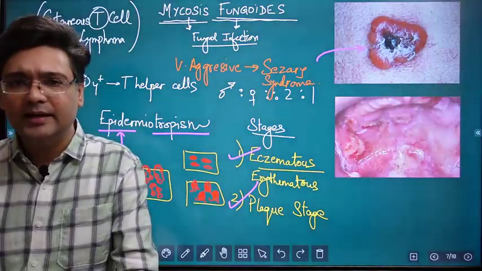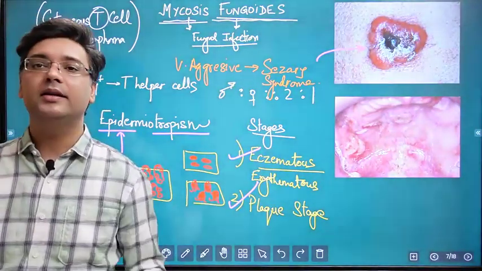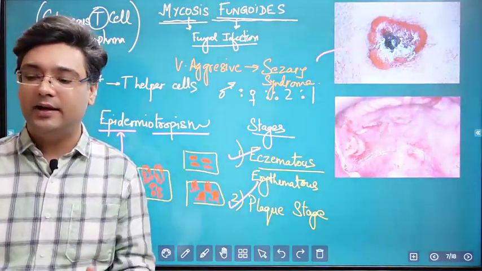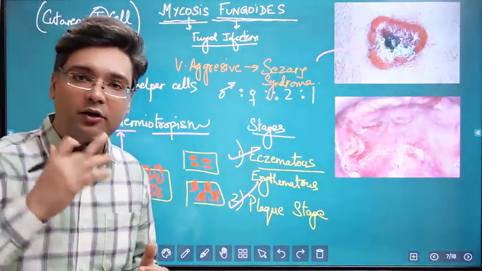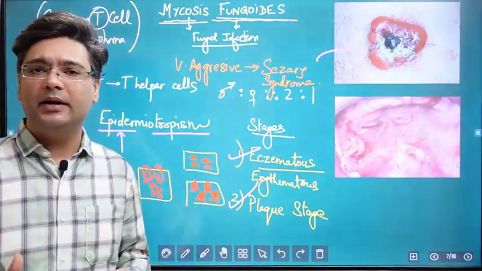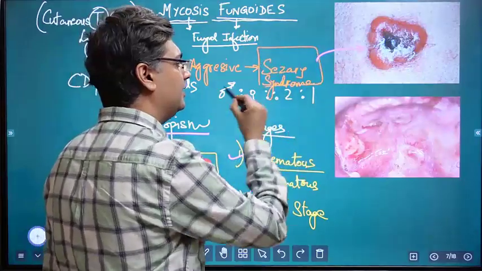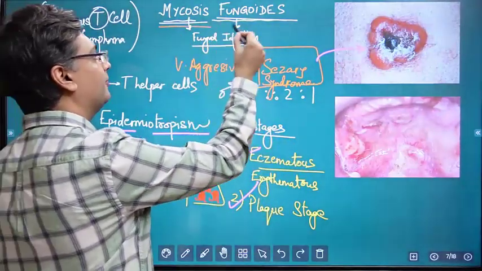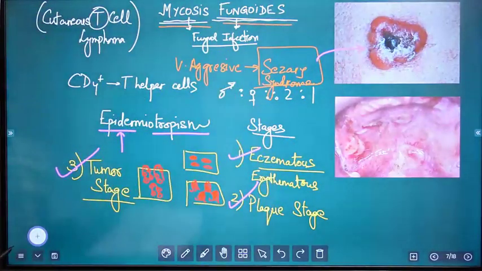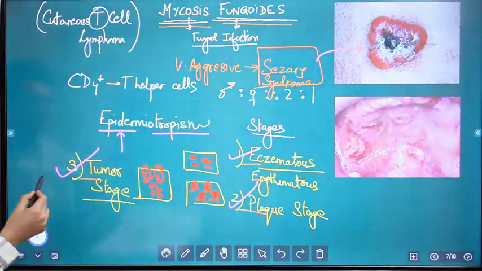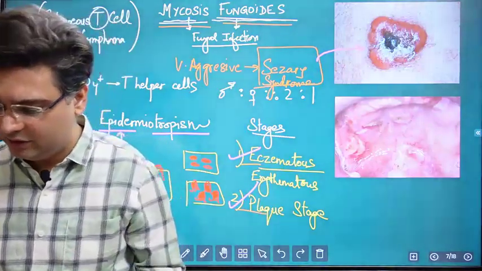Sézary syndrome sometimes can resemble a dermatopathic T-cell leukemia as well, because the T-cell leukemia grows very, very rapidly. So Sézary syndrome is a very aggressive variant and needs to be differentiated from the normal mycosis fungoides, because the normal mycosis fungoides was slowly evolving into 3 stages.